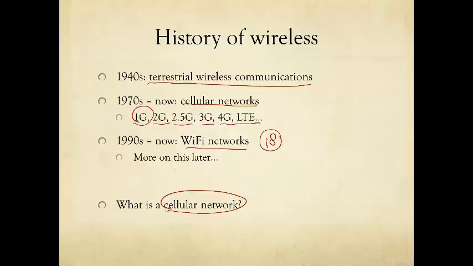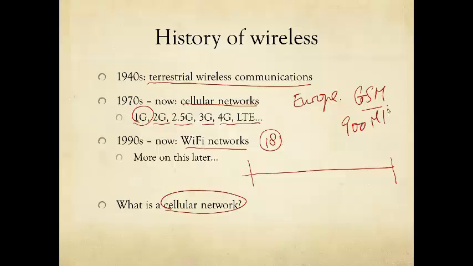What is a cell? Now, we have to first understand that the air interface of a cellular network or Wi-Fi network uses parts of the electromagnetic spectrum. For example, in Europe, the most popular second generation cellular network was called GSM, and the frequency band around 900 megahertz was devoted to GSM.